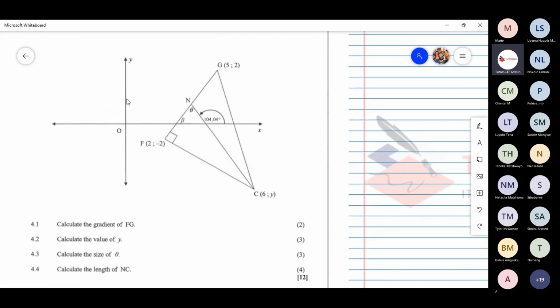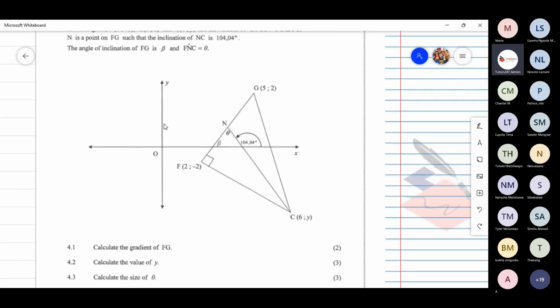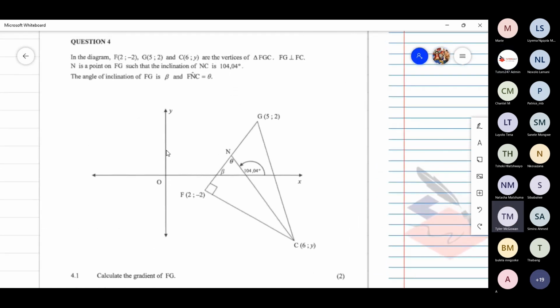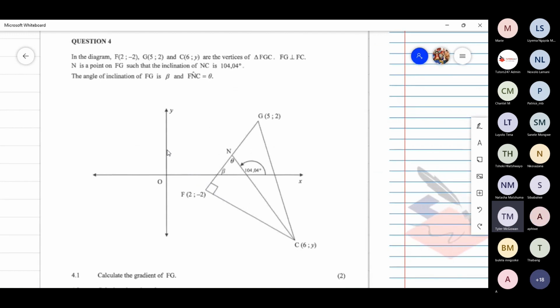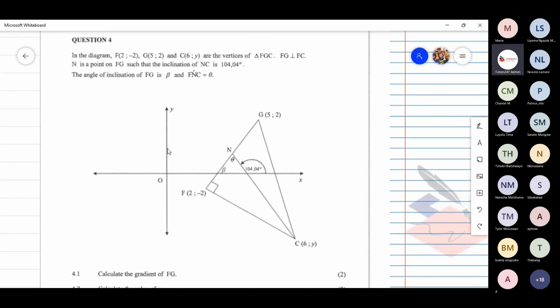Okay, let's see if I can finish question 4 quickly. Your connectivity, sir, is not picking up. Are you able to hear me now? Hello? Tyler, you mentioned the connectivity is bad.